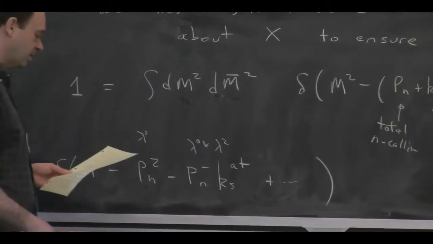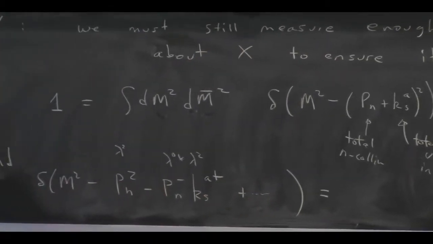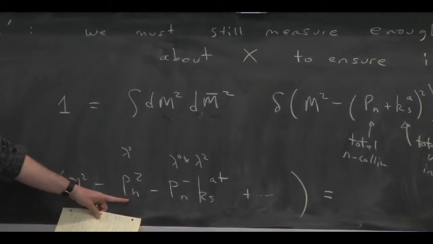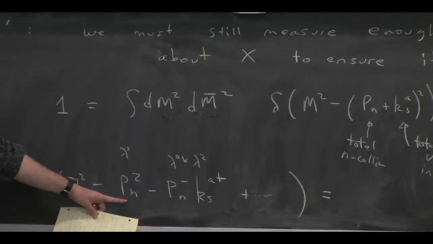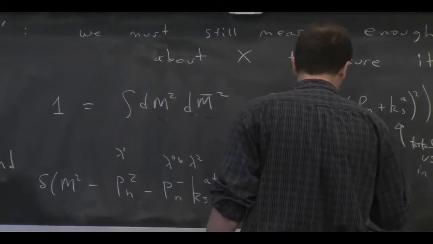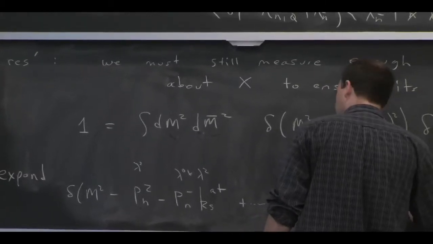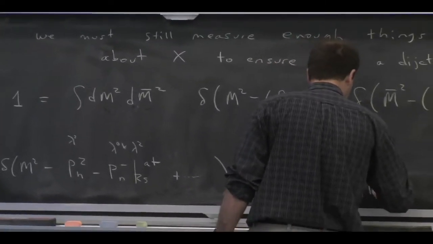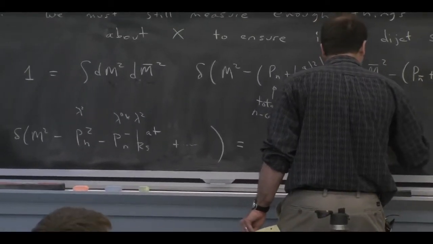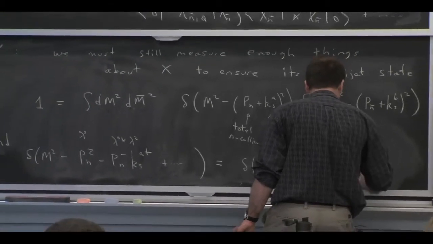So this is really all I need to keep. There's also something else that effectively we've done by setting things up, and that is, in general, you could think that the collinear particles would have some perp momentum, but we aligned our axes with the jet axis, so there's actually no perp momentum there either. So that guy is really just, we can pull out a Pn minus, and then we have Pn plus, plus KSA plus.